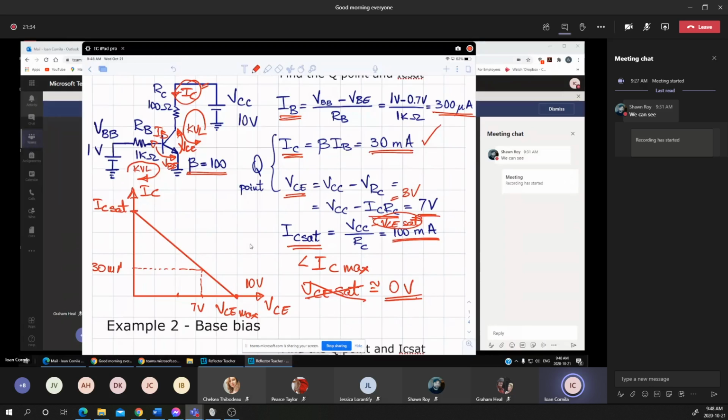This point has two coordinates: x is 7 volts, and on the y axis the IC has the value of 30 milliamps. That's the Q point of the transistor in the circuit.